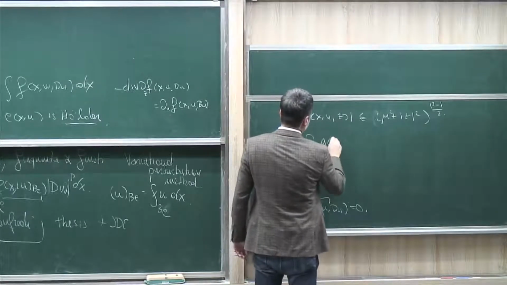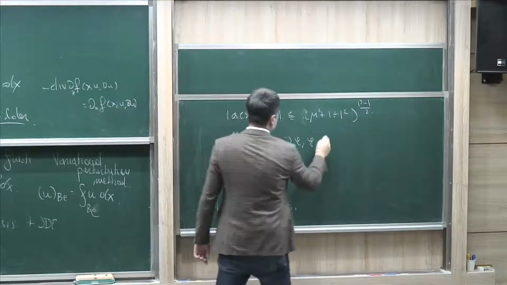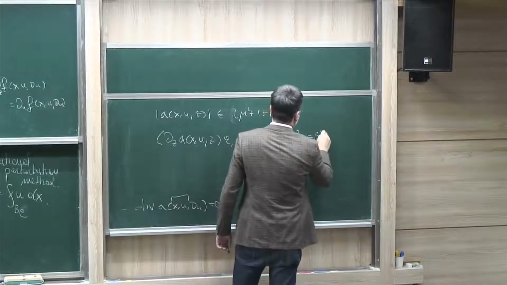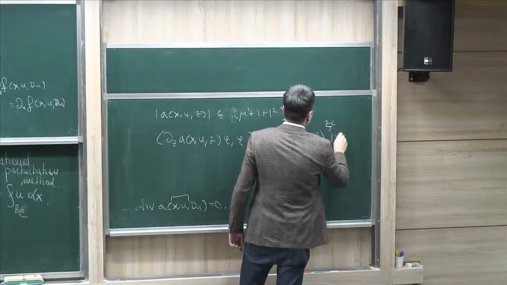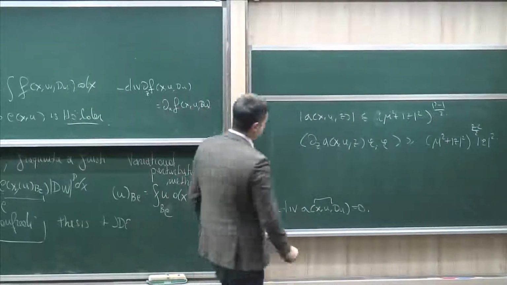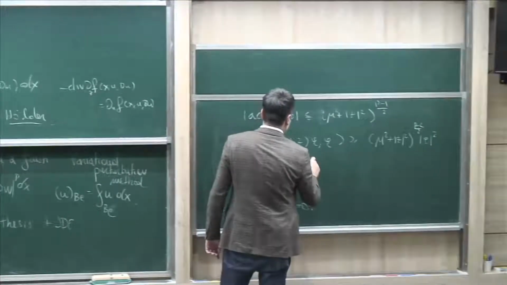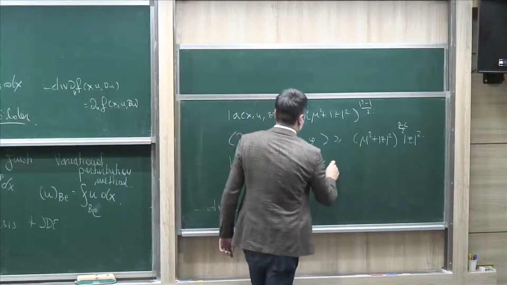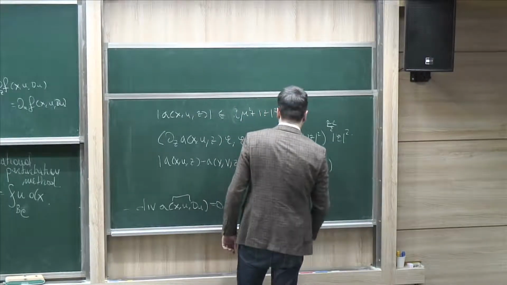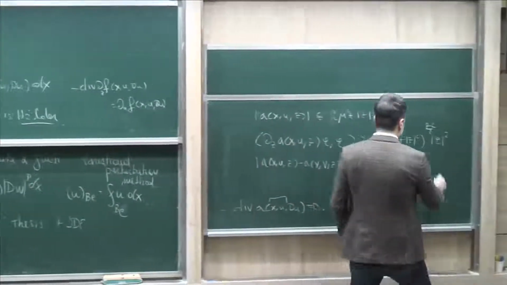And the derivative of this guy prescribes ellipticity, and once again you prescribe the growth and the oscillations of the coefficients.